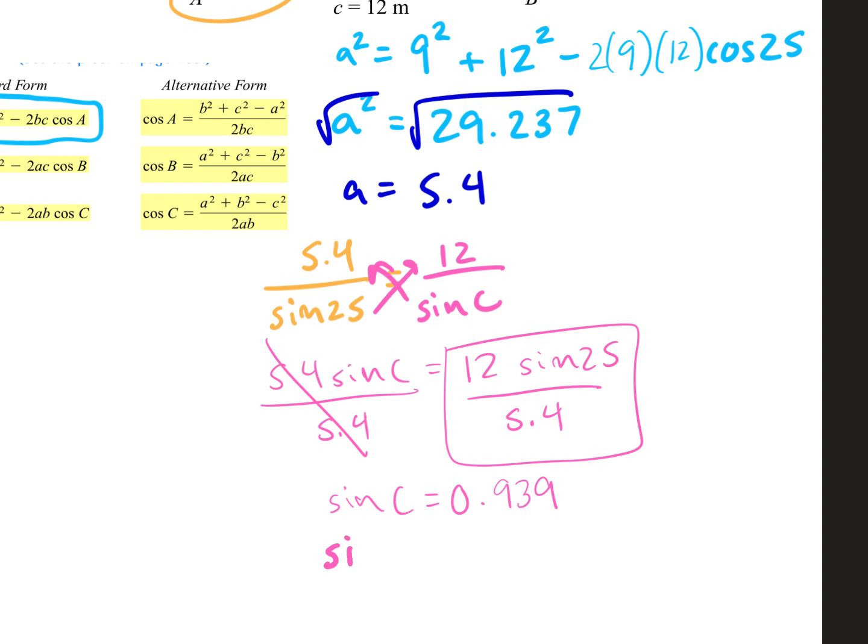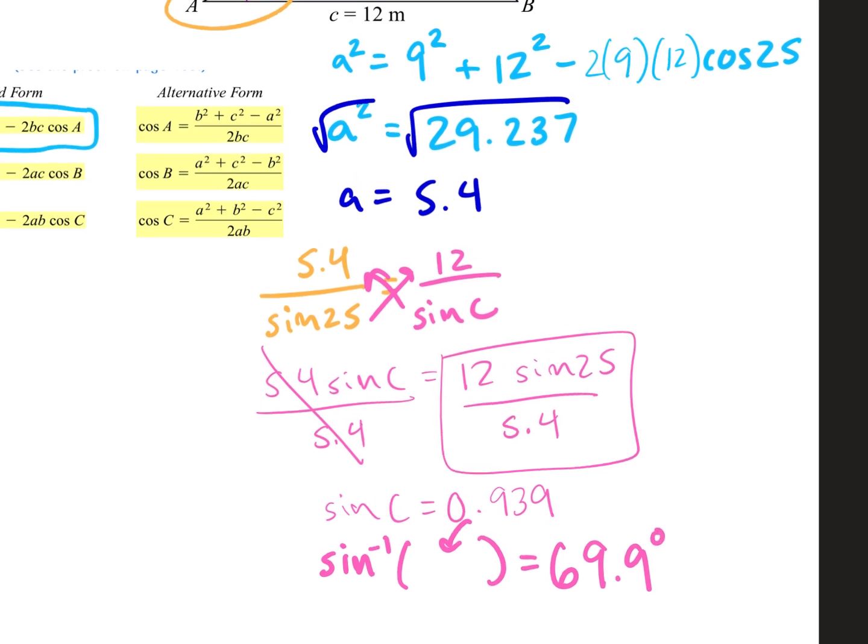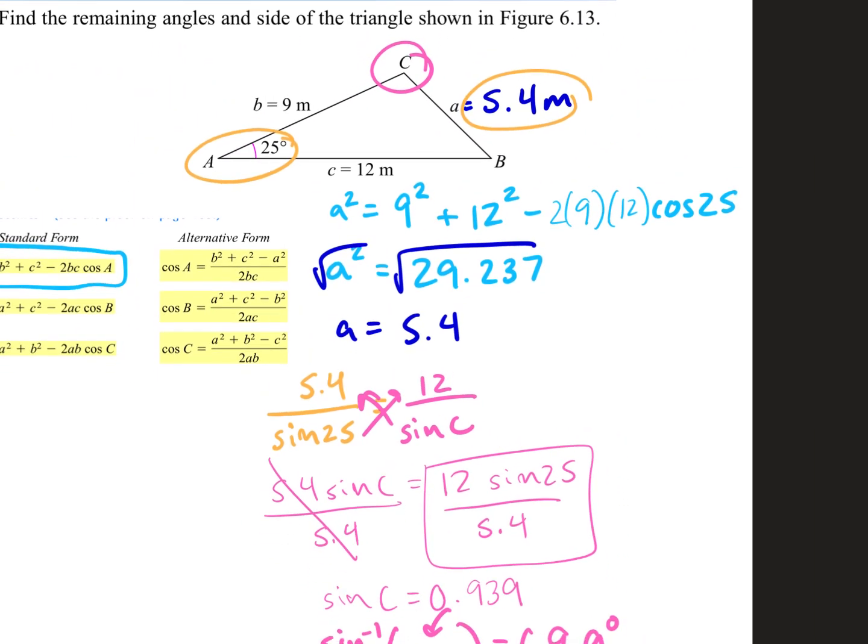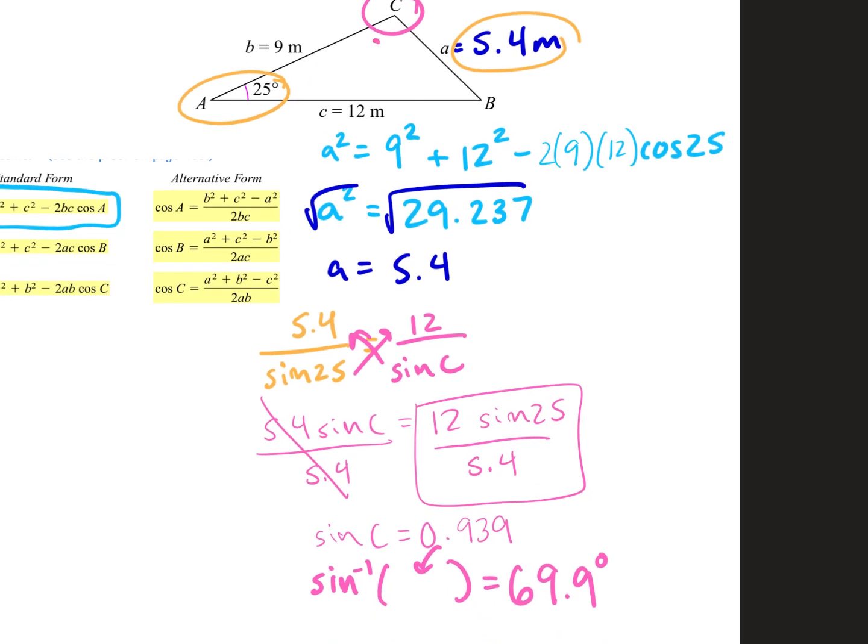The inverse sine, because that is not what sine is equal to. That's not what C is equal to. That's what the sine of C is. So do the inverse sine of this number. And that'll give us the angle. So we should get 69.9 degrees. So angle C is 69.9 degrees.